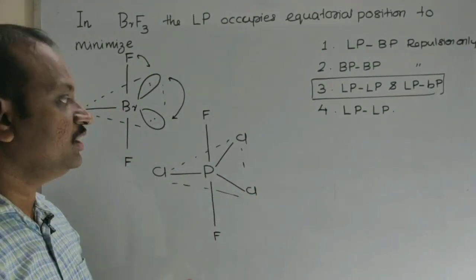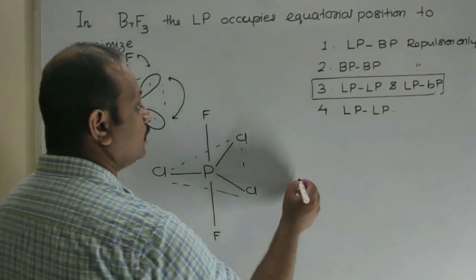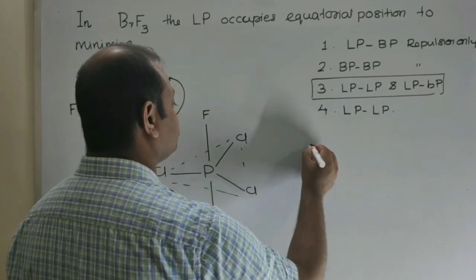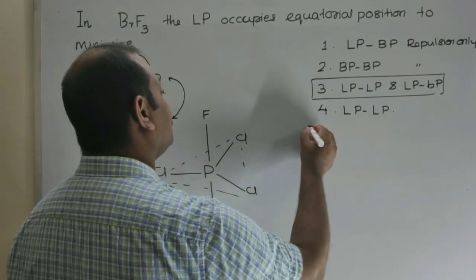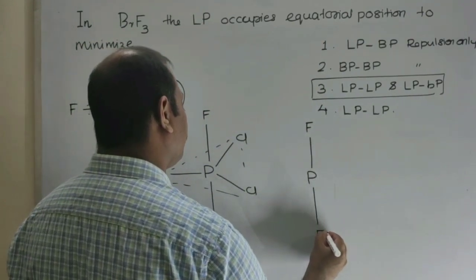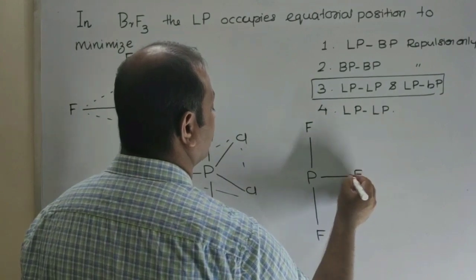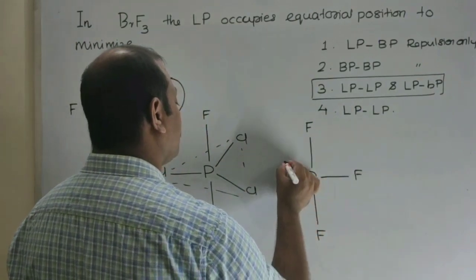Similarly, I am drawing PF3Cl2. See the difference when I am drawing the next compound. P at the center. Next, here we have again fluorine, here we have a fluorine. Now here fluorine, here chlorine, here chlorine.